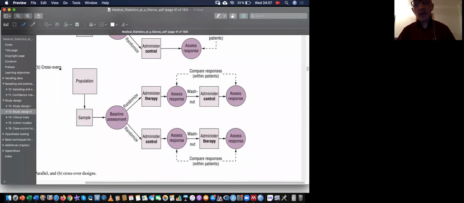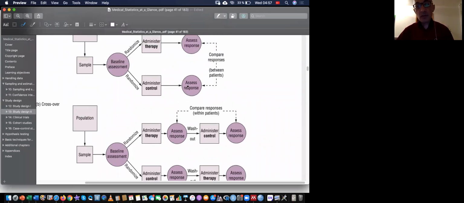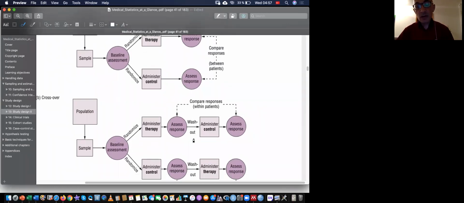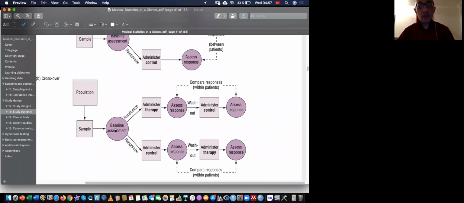We may do a crossover study. As you see, if you compare the two figures, until here it is the same. Figure A, the first figure, is copied here. We have again a population. From the population, we take a sample, and in this sample, we make a baseline assessment.